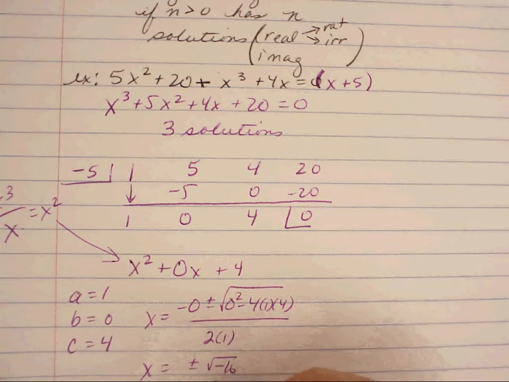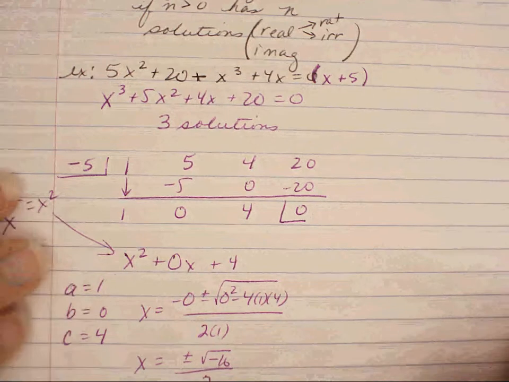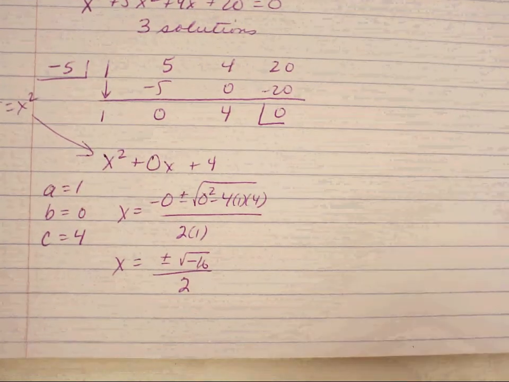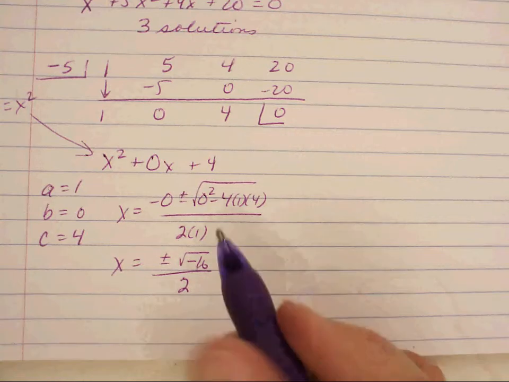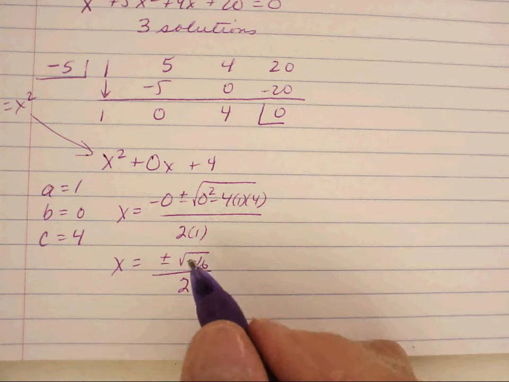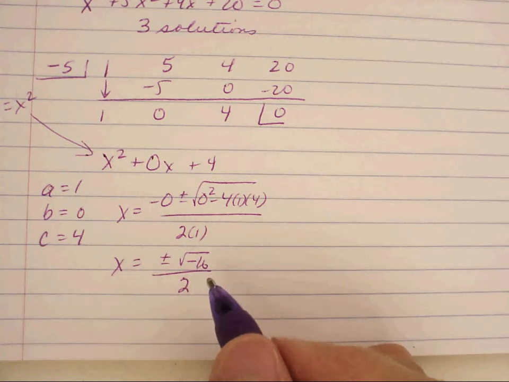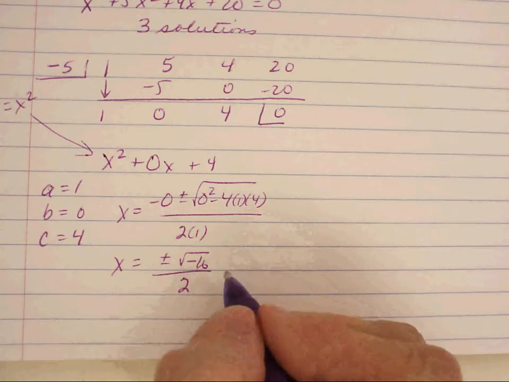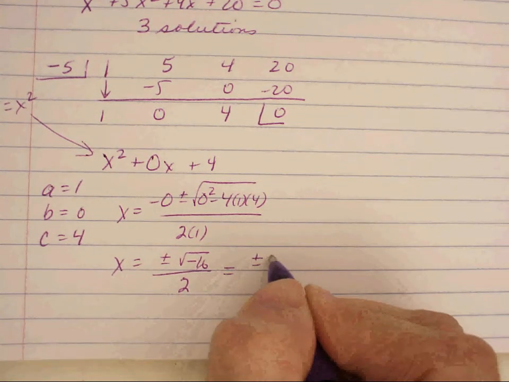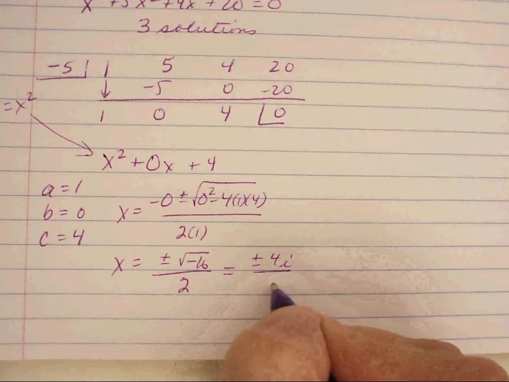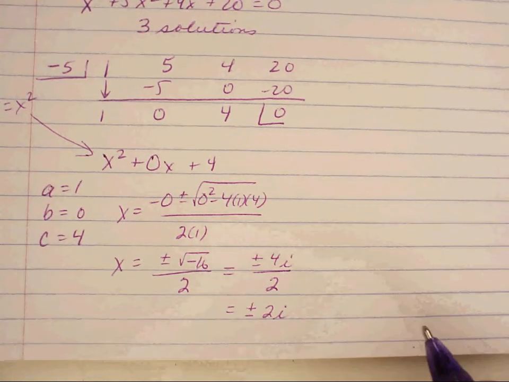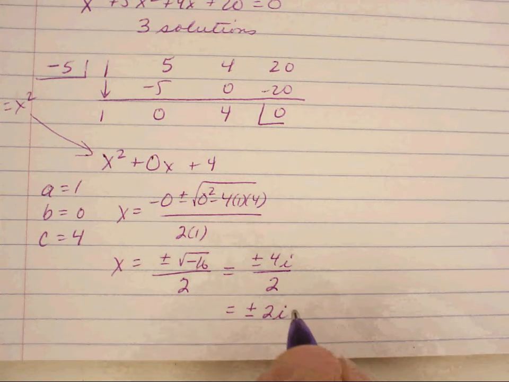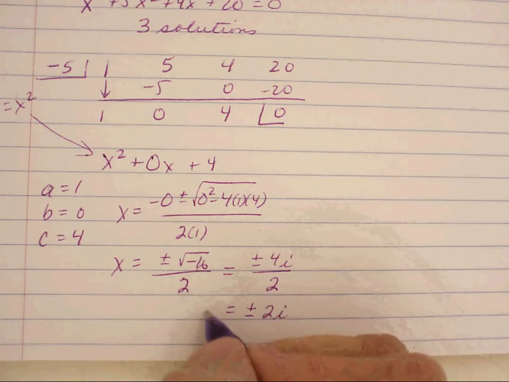Because if we're going to find the solutions, we have to be able to simplify a trinomial by the quadratic formula down to its solutions. What's the problem with the square root of -16? So it would be plus or minus 4i over 2, which would simplify to be plus or minus 2i.